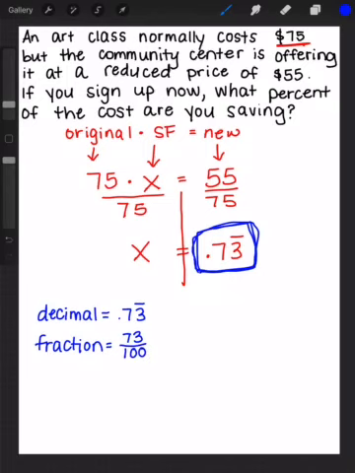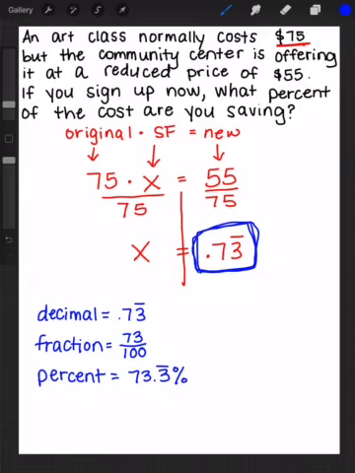It's probably over that 99, but we're not going to get into that. And then our percent, when we take our decimal, we move it over twice, is 73.3 repeated percent.